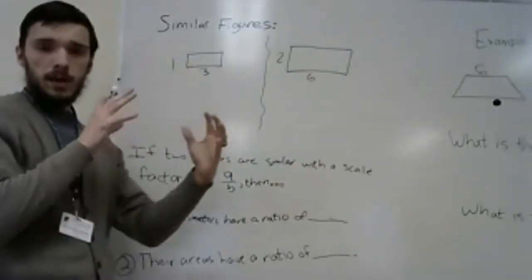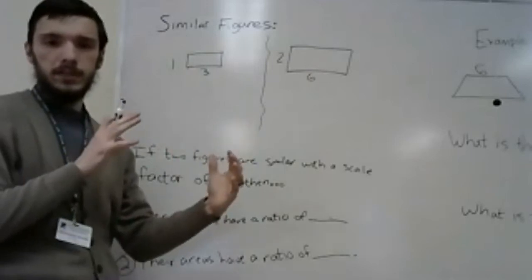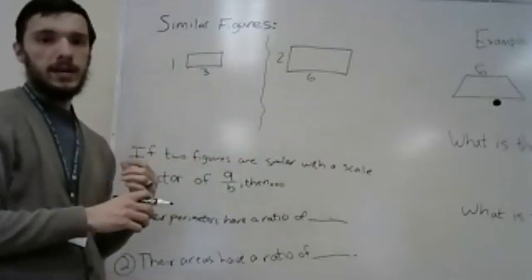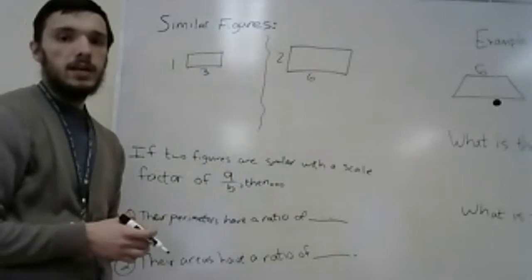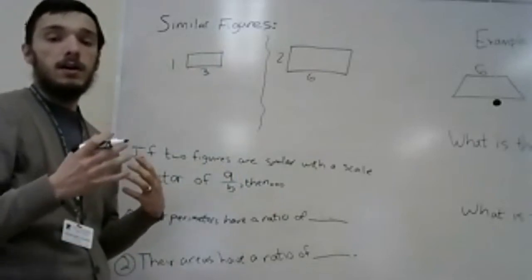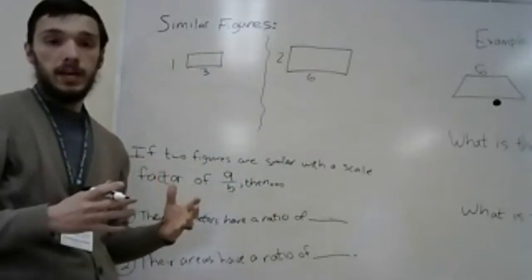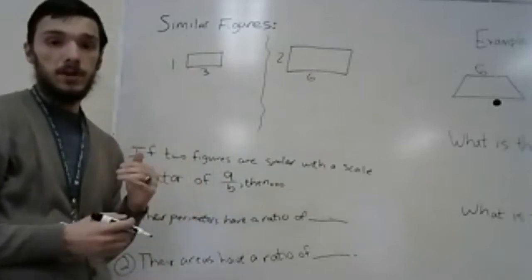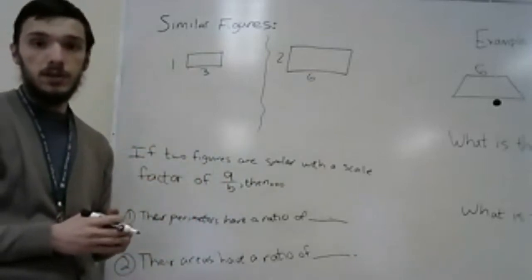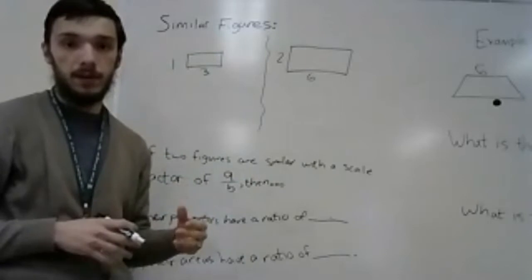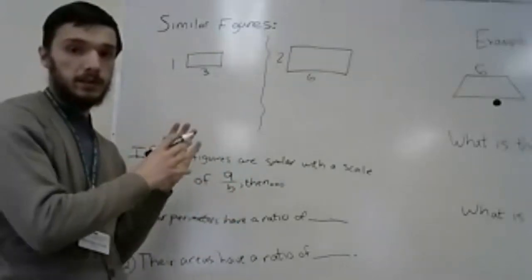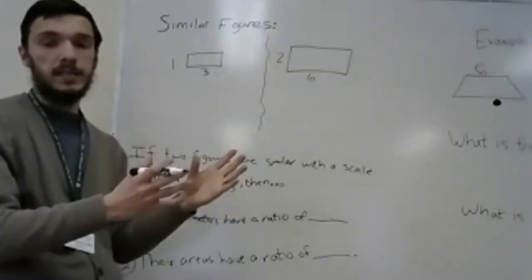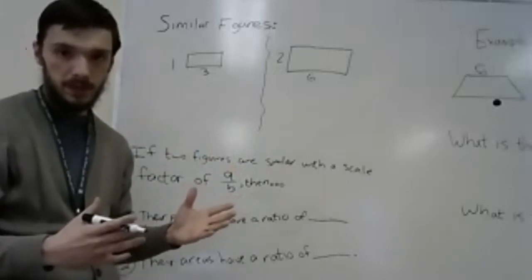So that's just one example of similar figures. The same shape, but the sides are proportional. And today we're going to be looking at the relationship between the perimeter and area of similar figures. So we're going to take the perimeter and area of our smaller rectangle and our bigger rectangle and see what relationships we can find.